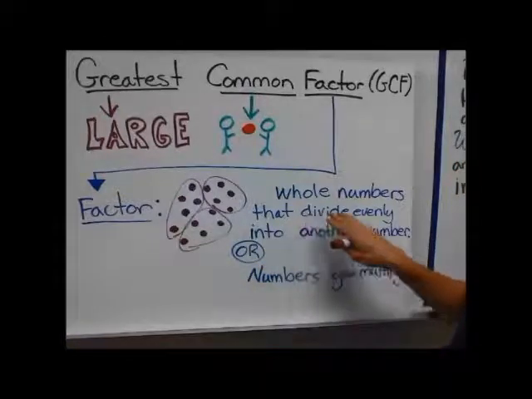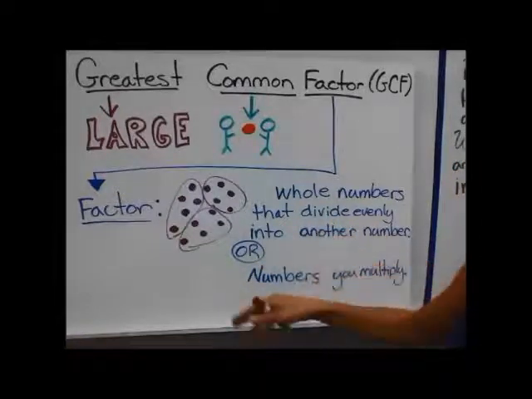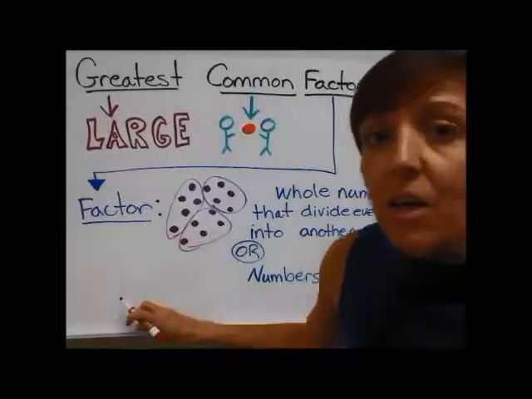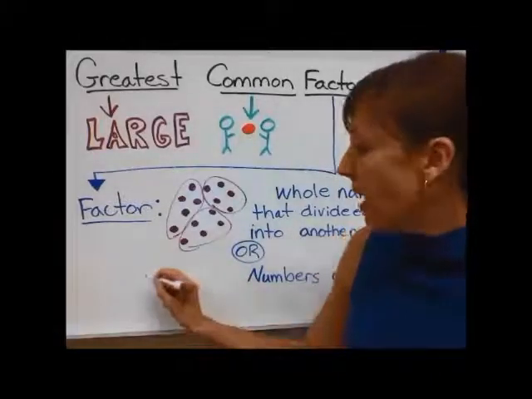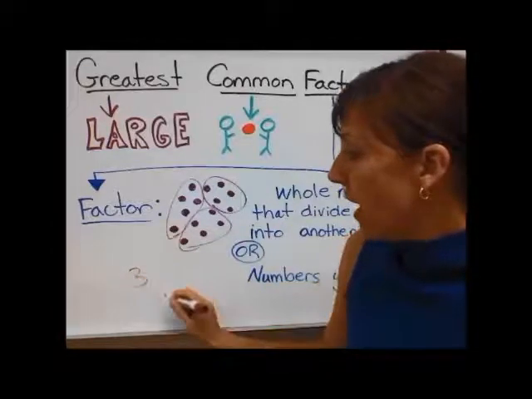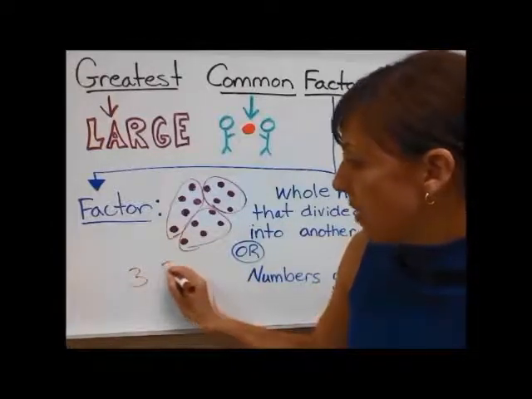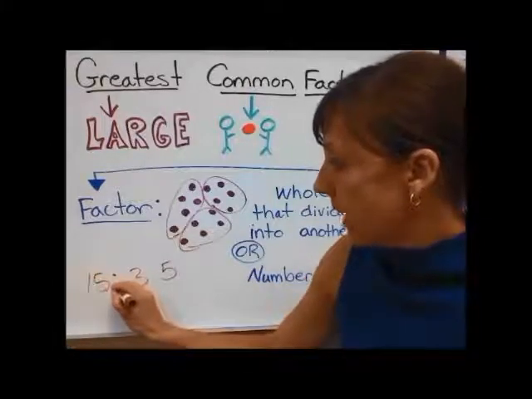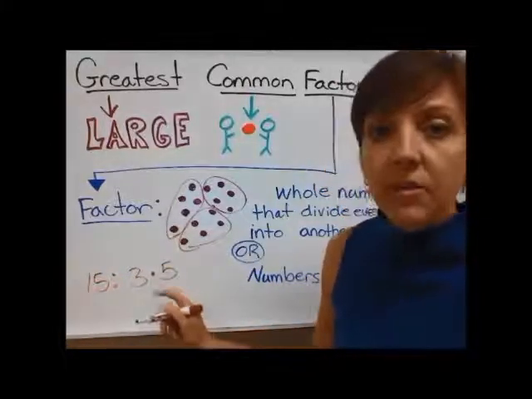So factors are whole numbers that divide evenly into another number. We just took 15 and divided it by 3 and by 5. So 3 and 5 are factors of 15 because I can multiply them to get 15.